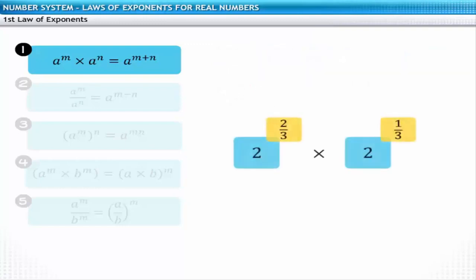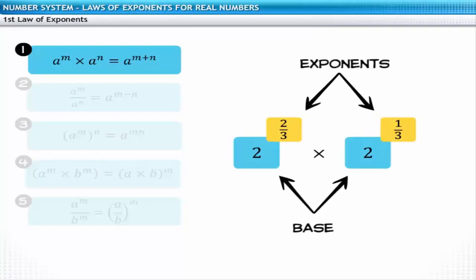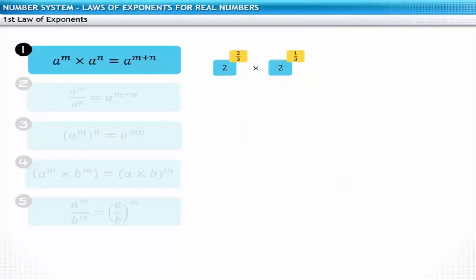Let's consider another example. Here, we have two terms with the same base 2 and exponents 2 upon 3 and 1 upon 3. Now, let's simplify it.